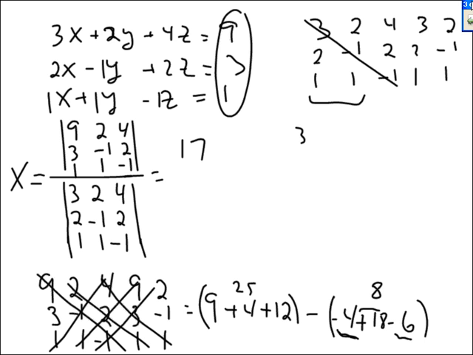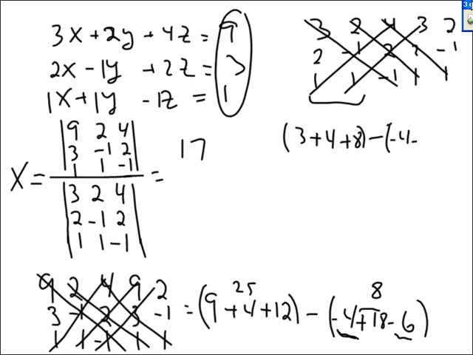You get 3 plus 4 plus 8 minus negative 4 plus 6 minus 4 for that one. You get 15 minus a negative 2. You get 17. And 17 over 17 is 1.